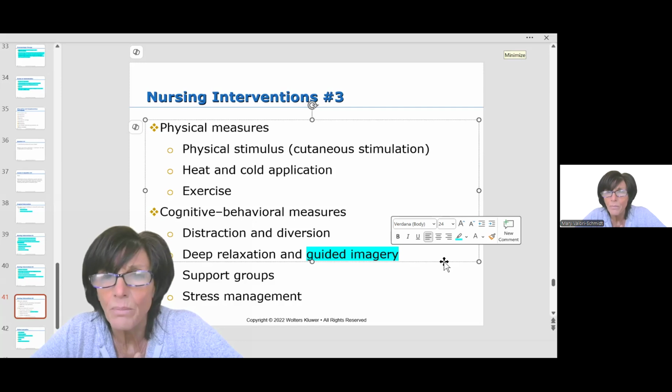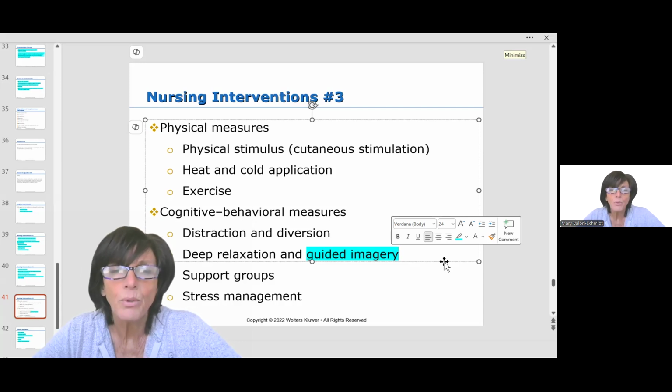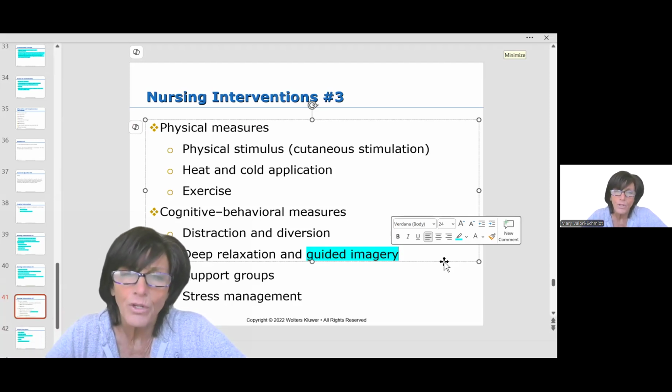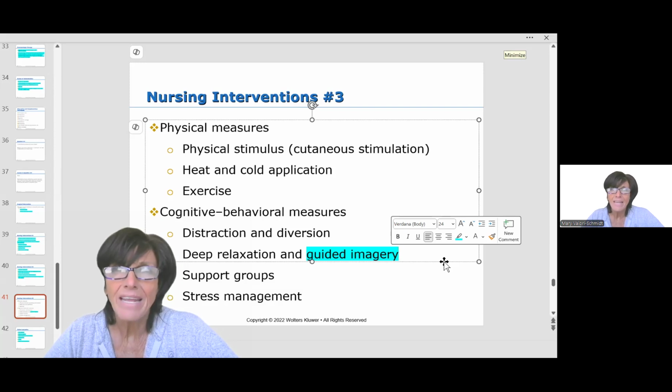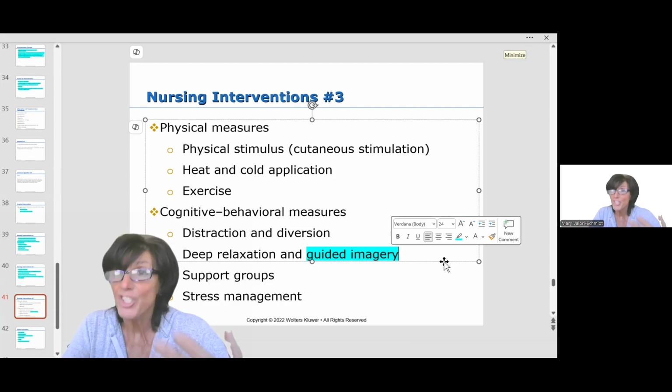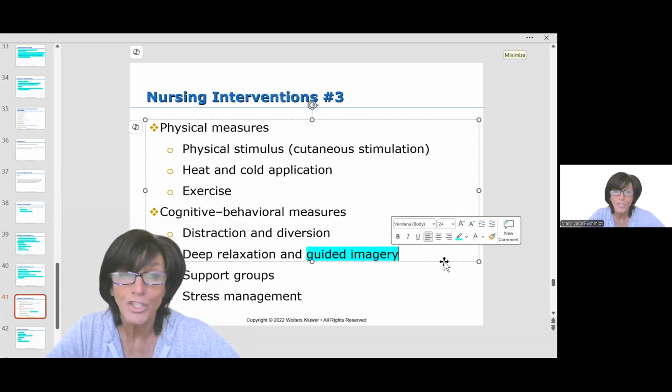I would picture myself on the beach. And then you guide them through. You're on the beach and you can hear the waves crashing in the ocean. You can feel the sun beating down on you. Sometimes that can help. Again, not meant to be replacements for other interventions, but definitely these things can help as adjuncts or add-ons to the medications.